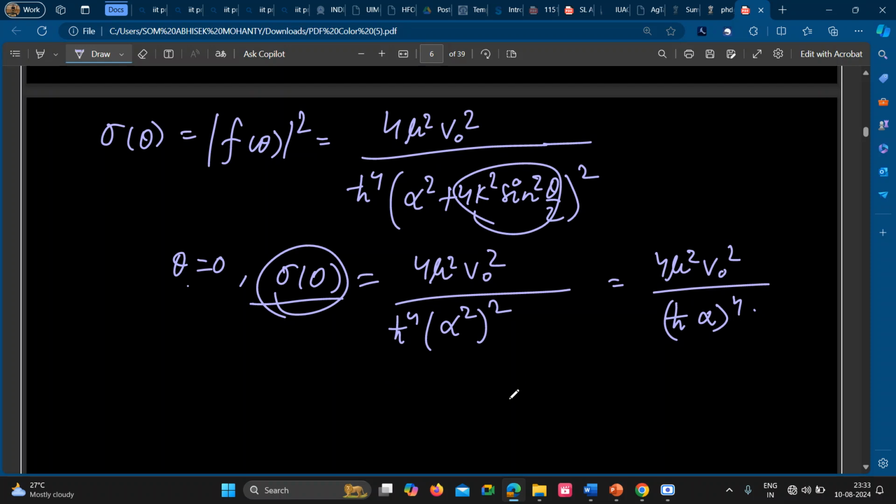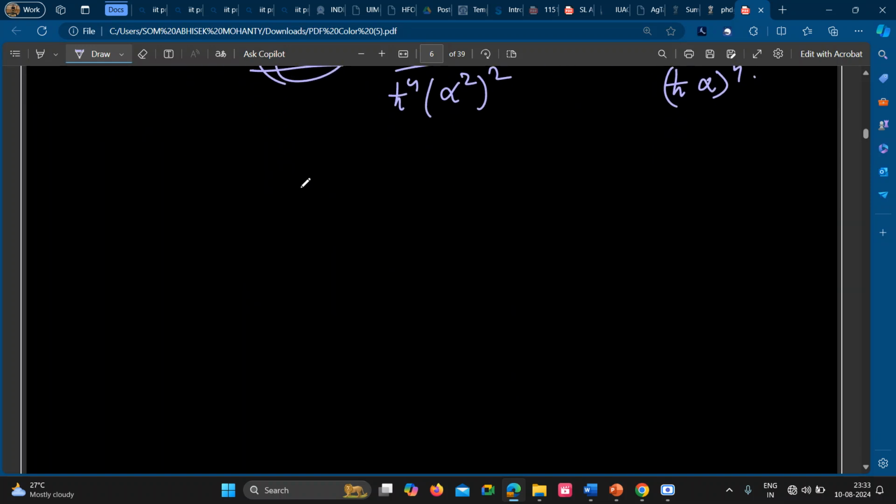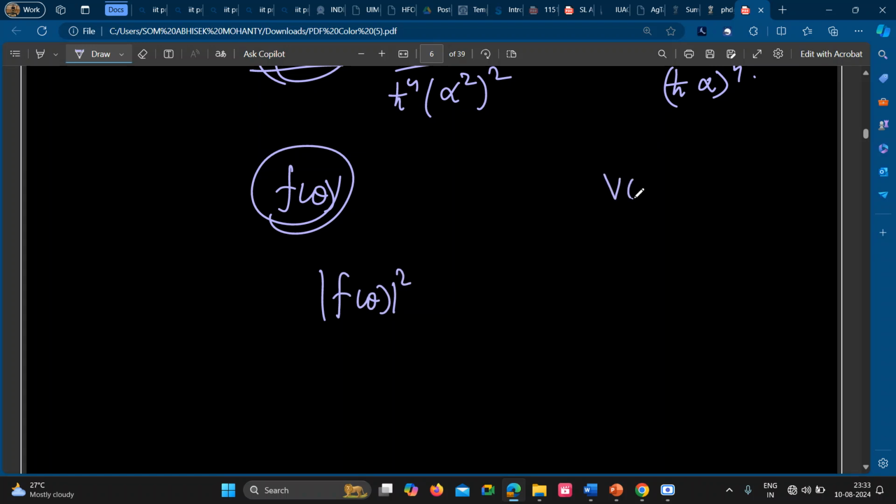Next question. First of all, in this type of question, first we have to get the scattering amplitude, then we just have to square it. Usually the potential V(r) is given.